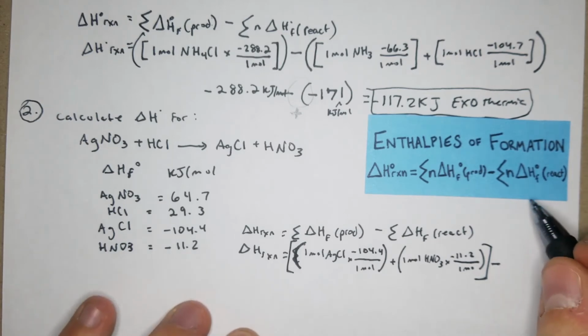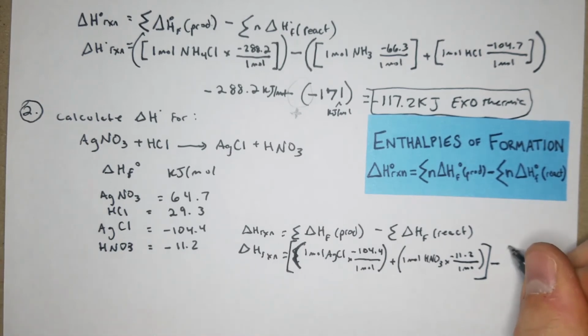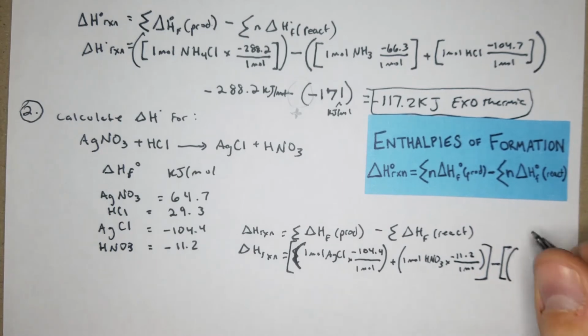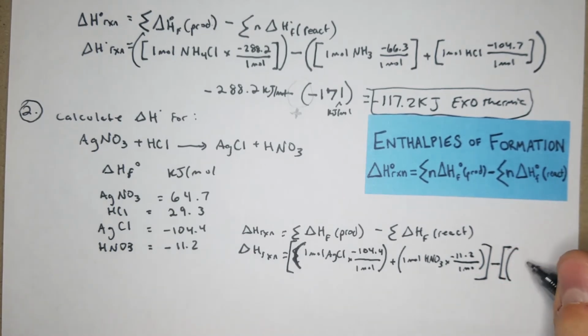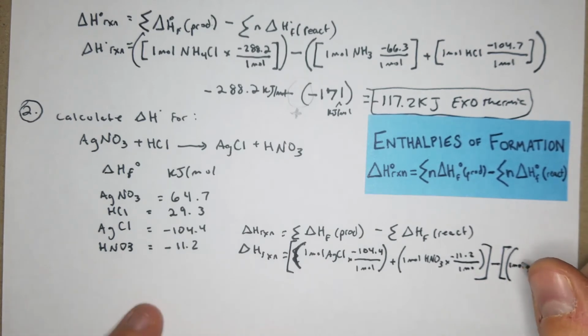Let's see if I can squeeze it in. Now we're going to do our reactants. We have 1 mole of AgNO3, 64.7.